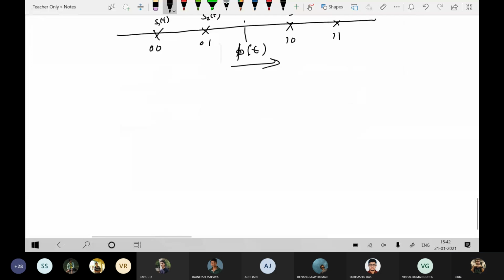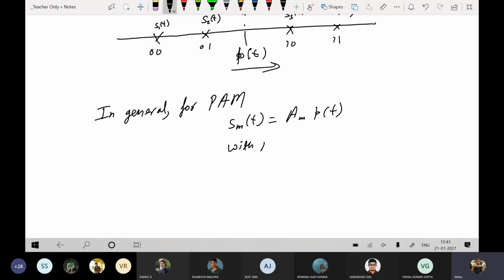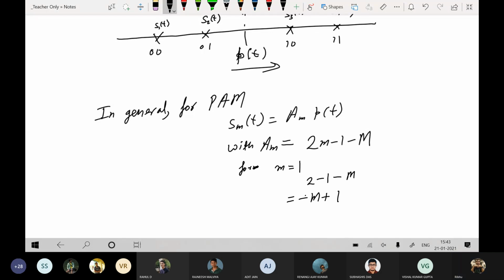In general, for PAM, s_m(t) equals A_m p(t) with A_m equals 2m minus 1 minus capital M. So for small m equal to 1, this is 2 minus 1 minus capital M, which equals minus M plus 1.